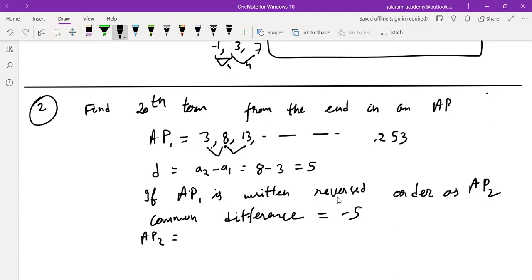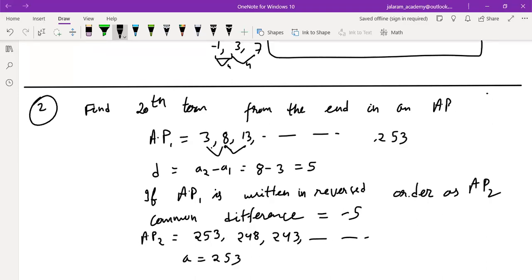If AP1 is written in reversed order as AP2, the common difference will become -5. What will be the AP then? First term will be 253, next 248, next 243. We have to add -5 to all terms.